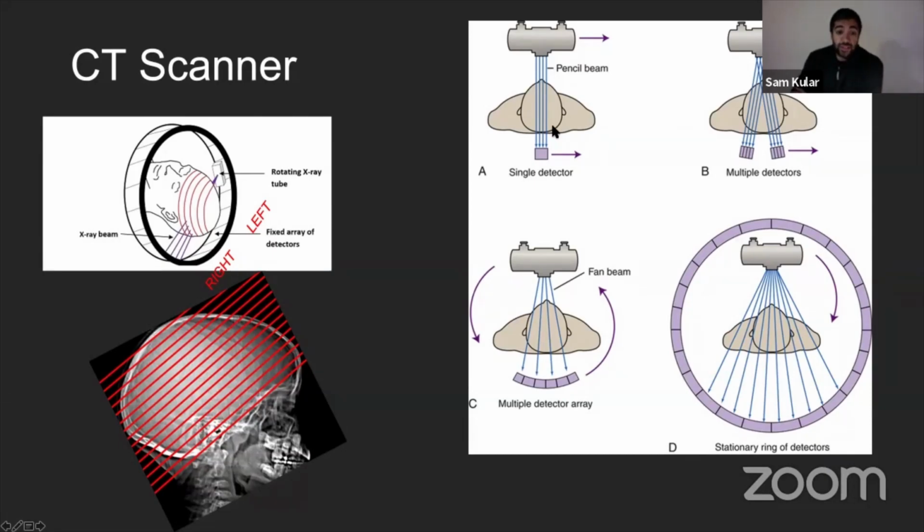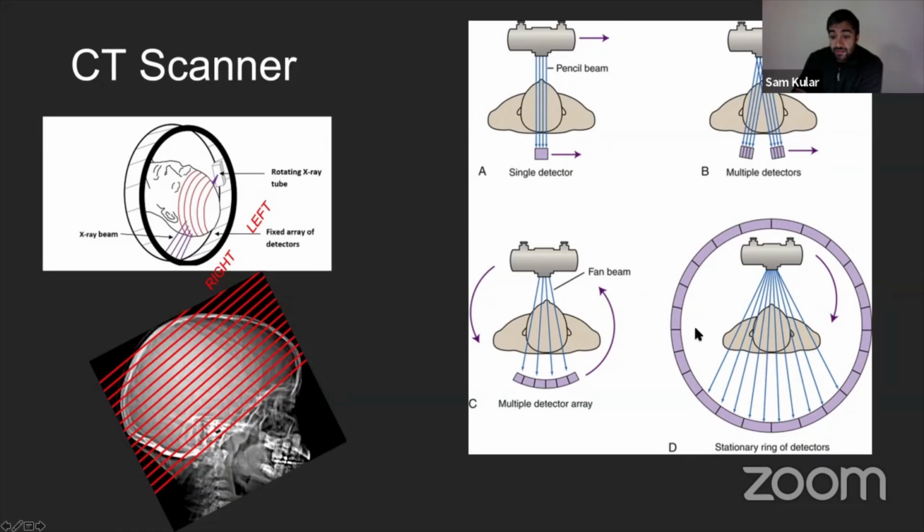So an image on CT used to be acquired as you can see in A, where there would be a single detector placed behind the patient and an X-ray beam would be fired through the patient's head at the area that needs to be imaged, and then essentially the detector and the X-ray beam would move one by one around the head, and this could take up to an hour in the old days.